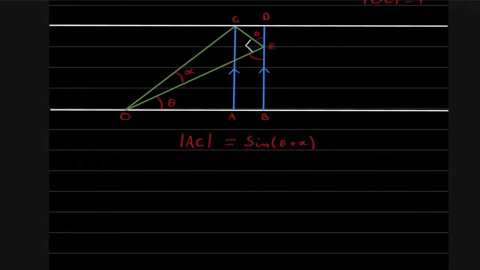We can also say that this line CE, because we determined this angle to be theta, with this angle alpha and this line CO being 1, CE is equal to sine alpha.